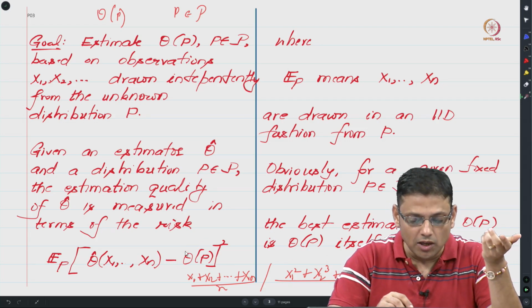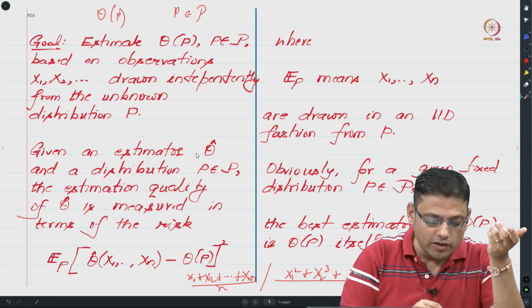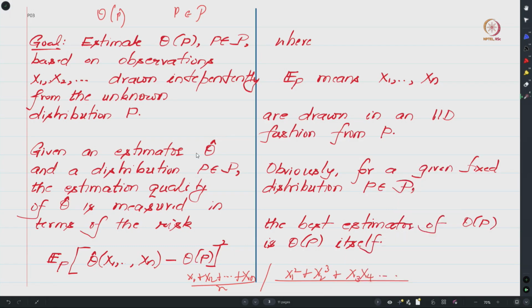So whatever be your choice of estimator, we will define the risk associated with this estimator by the expected value of theta hat of x1 to xn minus theta of P, squared, and the P over here indicates that this x1 to xn has been drawn in an independent fashion from this unknown distribution P.